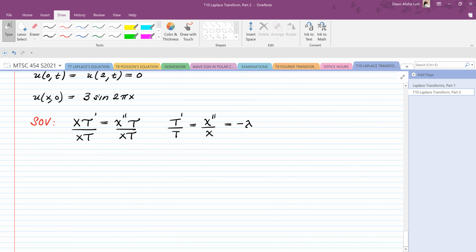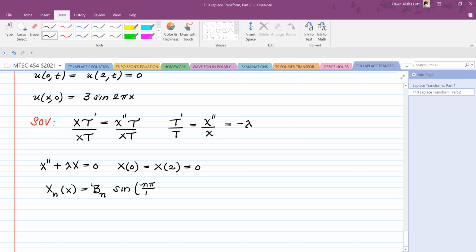So then we would get X double prime plus lambda X is equal to 0, with X at 0 equal to X at 2 equal to 0. So we already know that this is going to give us X n of x is some b n times the sine of n pi over L times x.